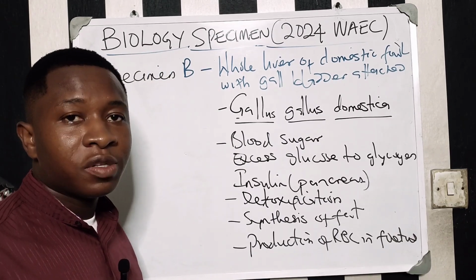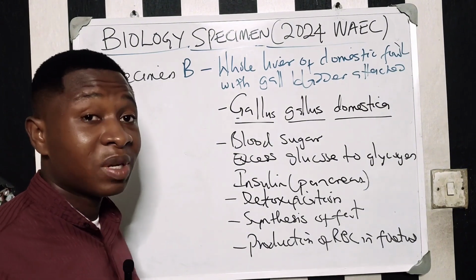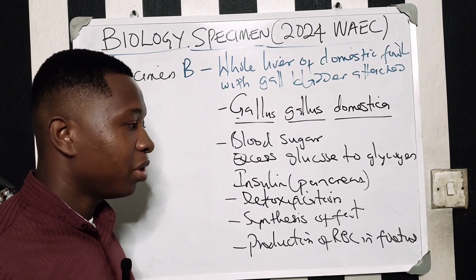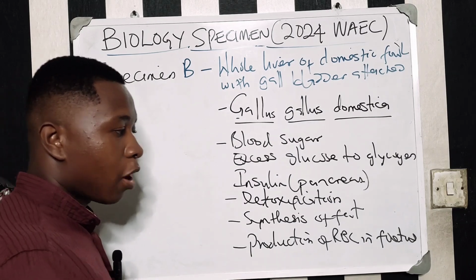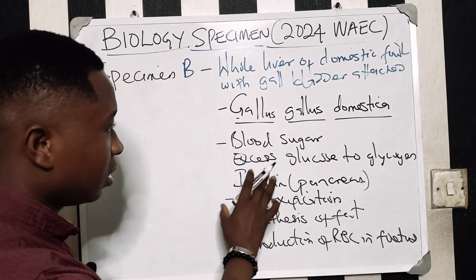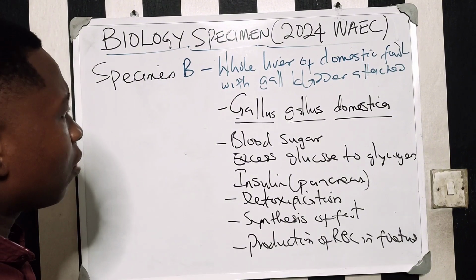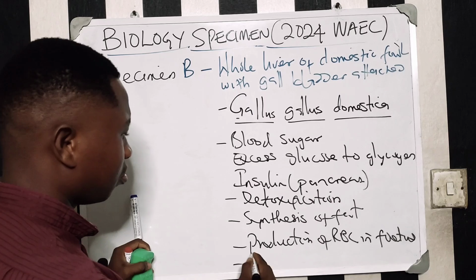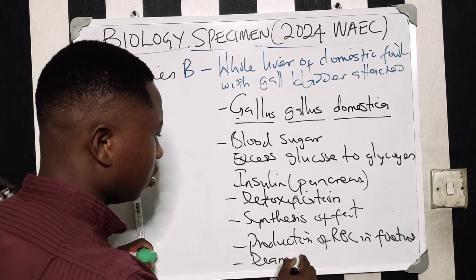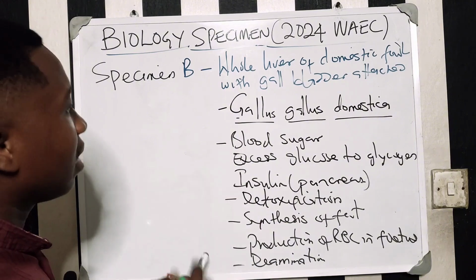The bones of the fetus are not really developed to produce red blood cells. Since red blood cells are produced in the bone marrow, the liver helps to produce them in the fetus. So these are the major functions of the liver. The liver also helps in deamination.